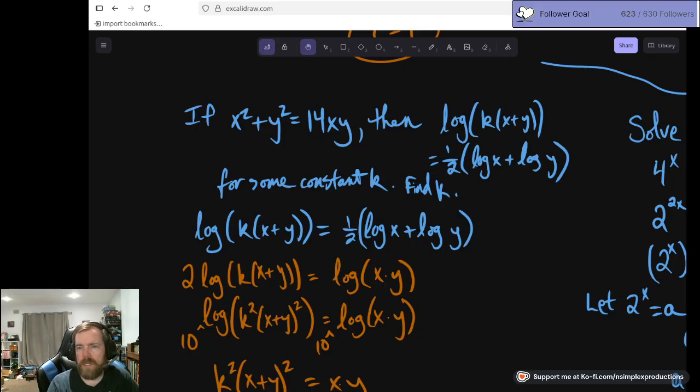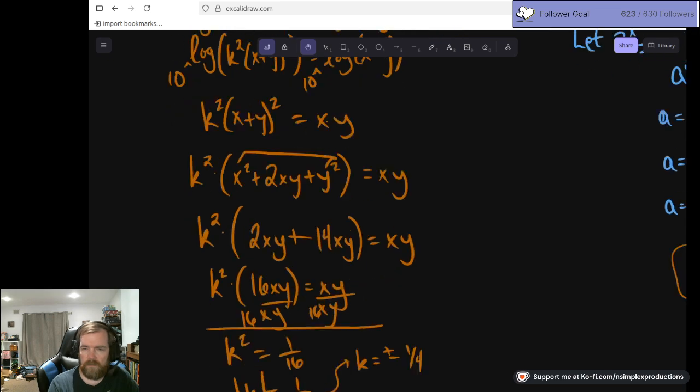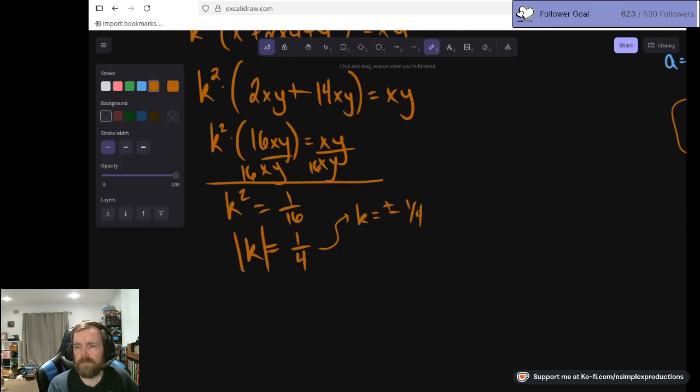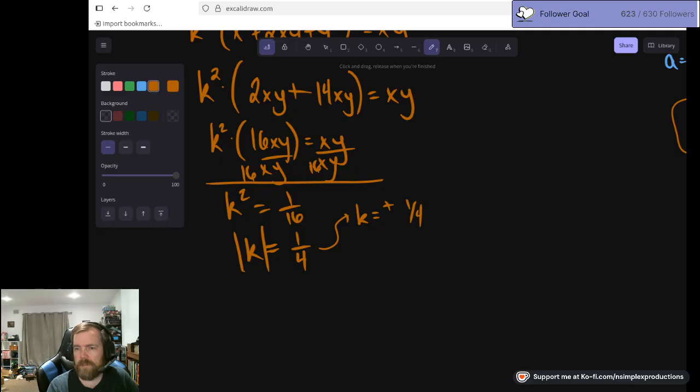Okay. x and y must be positive, right? x is greater than 0, y is greater than 0. Therefore, x plus y is greater than 0. Therefore, k must be greater than 0. So we're going to eliminate the negative case.